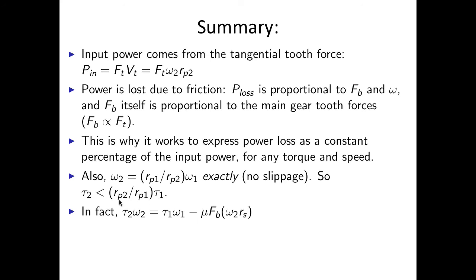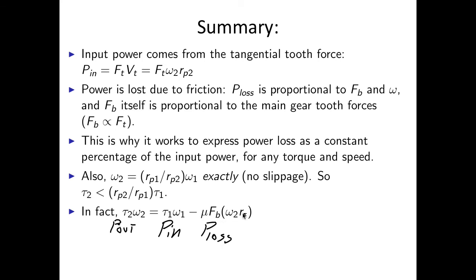And in fact, what you can write finally is the total equation with power loss. So we have our output power, P out, and that has to be equal to the input power, P in, minus our power loss, which is a function of friction, the bearing forces, and the speed of the gear and its shaft radius.